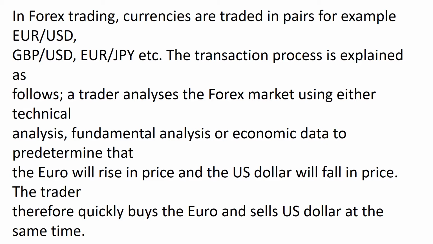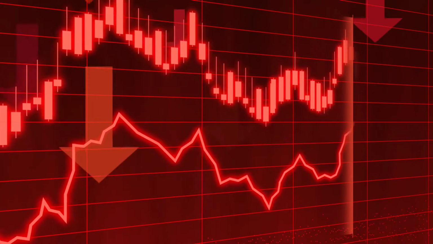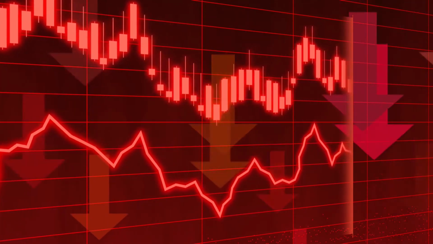A trader analyzes the forex market using either technical analysis, fundamental analysis, or economic data to predetermine that the euro will rise in price and the US dollar will fall in price.